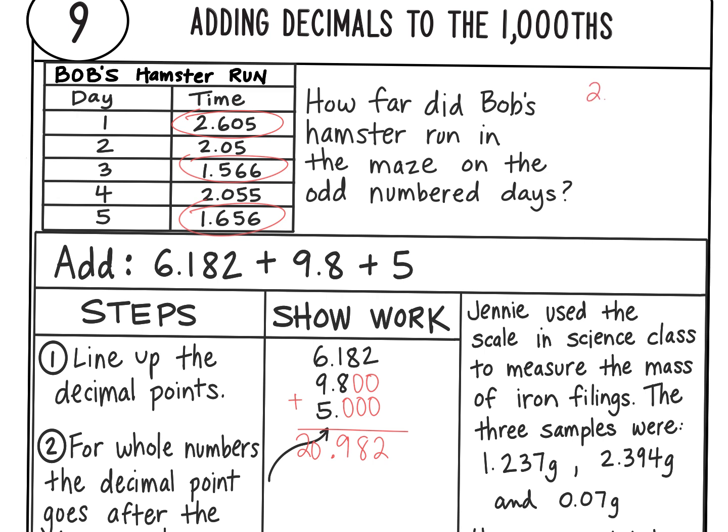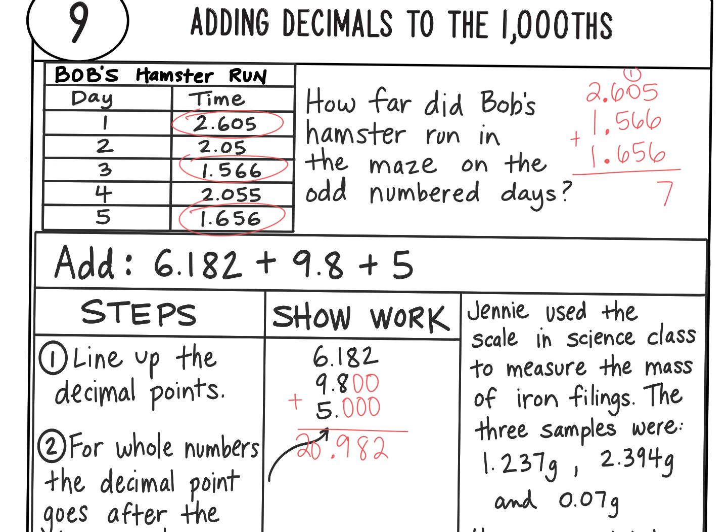So I have 2 and 605 thousandths plus 1 and 566 thousandths plus 1 and 656 thousandths. So once everything's in line, then it's just a matter of adding like you normally would. Starting with your furthest place value, that's going to be thousandths. What's my thousandths column going to add up to?